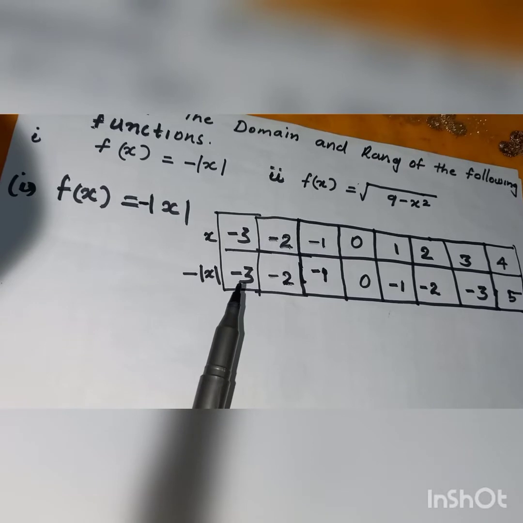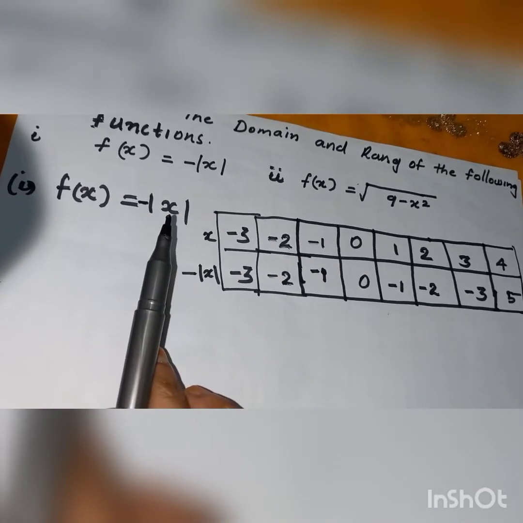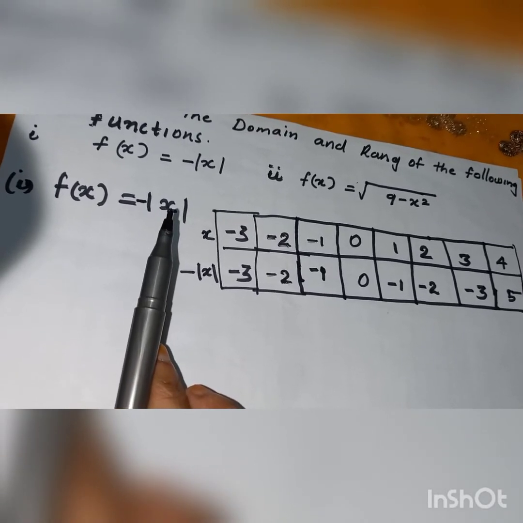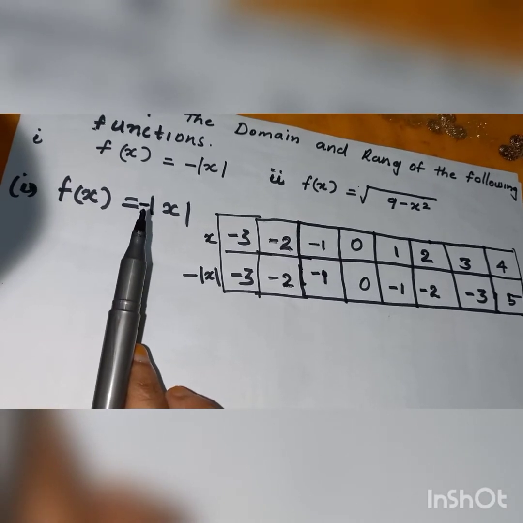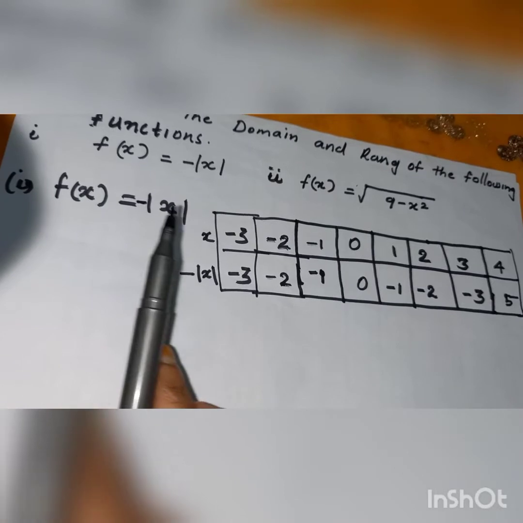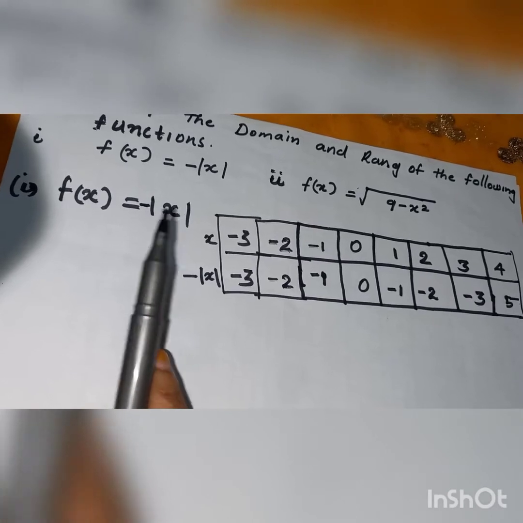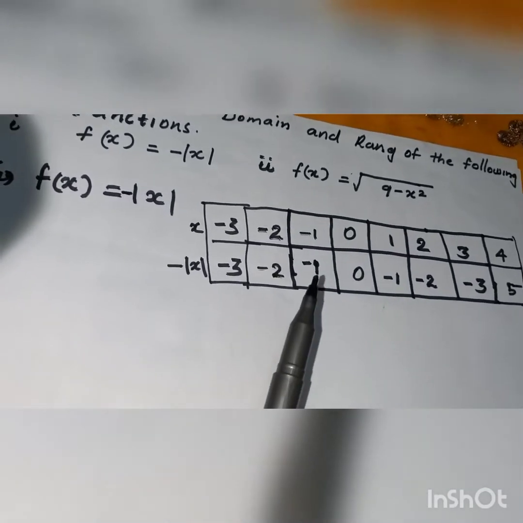Minus 2: modulus of minus 2 is 2, positive 2, and the minus outside gives minus 2. Minus 1: we get a positive 1, and the minus outside gives again minus 1.